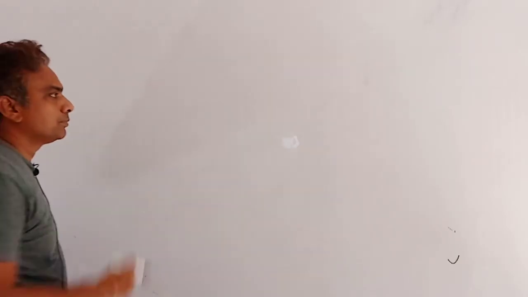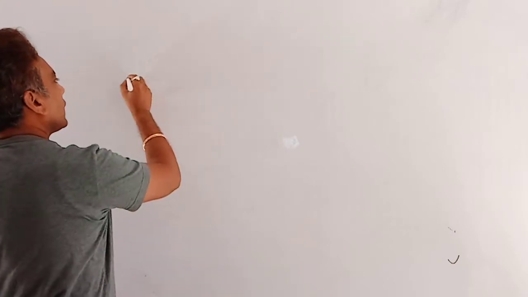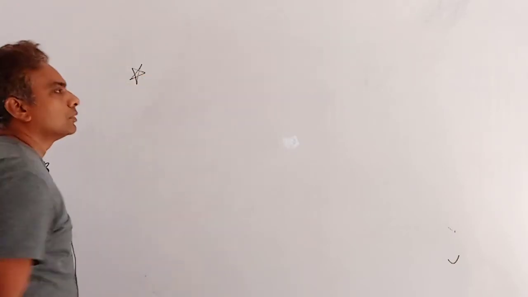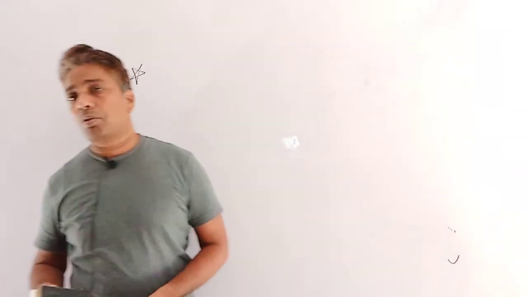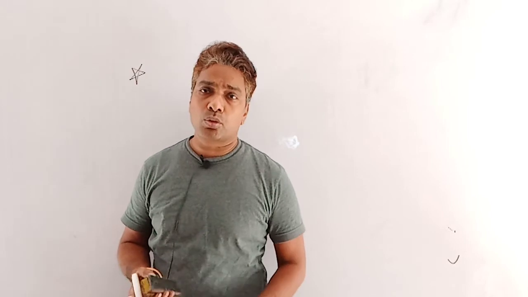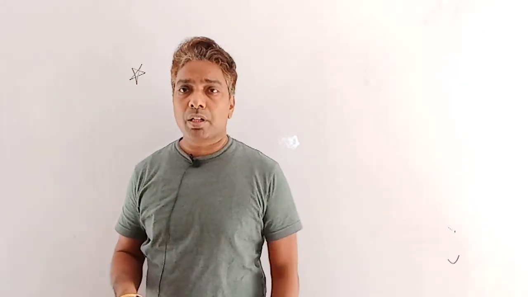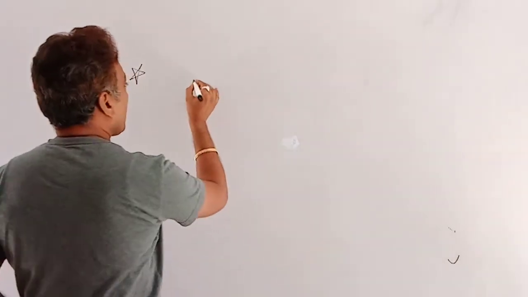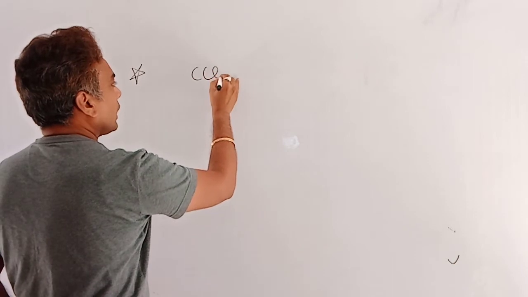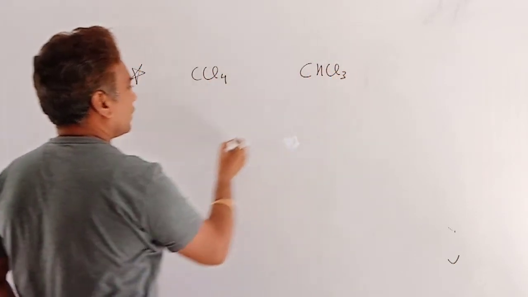Next, second condition. If a compound is unsymmetrical about the central atom, then it shows dipole moment. Suppose we have two molecules like CCl4 and CHCl3.